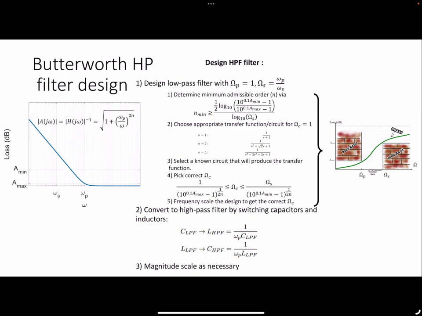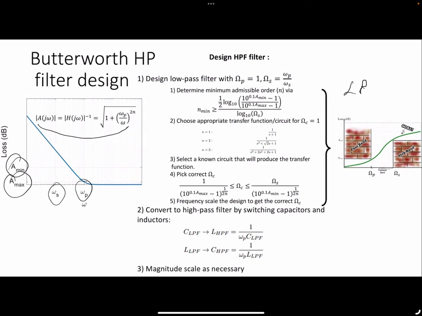To design a high-pass filter, I'm going to use the fact that I know how to design low-pass filters. So I'm going to convert all of these design parameters into an equivalent low-pass filter design by using the following transformation.